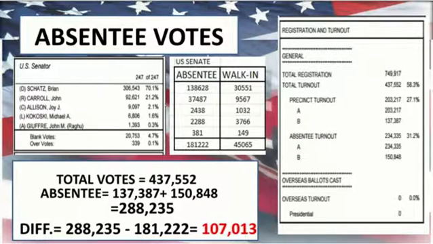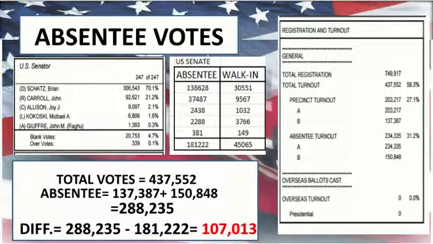Now, if you take a look at the absentee columns that are presented to us in the text files, you have 137,000 plus 150,000, which is equal to 288,000 absentee votes. Now, the difference, if you took that from the precinct summary report, which is presented to us at 288,000, when you add up the two numbers, and then you have 181,000 that is given to us, because you're supposed to combine the two numbers to get the total amount of absentee votes.